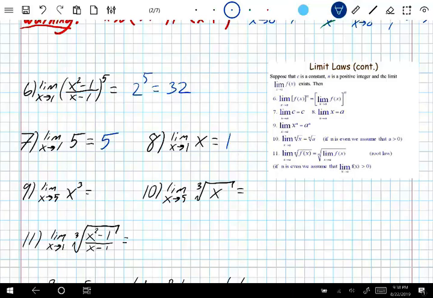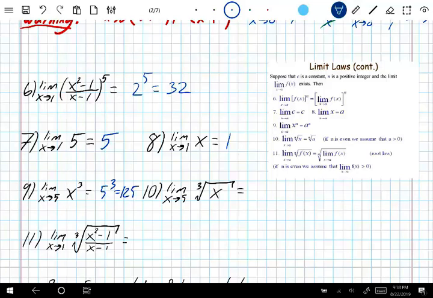That's the property I used up above to just plug in. In this case, this is redundant with the one before, but if I have a power of x to a constant, well, then I can just plug that in as well. 5 to the 3rd is 125, I hope.